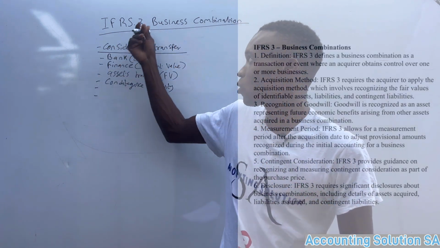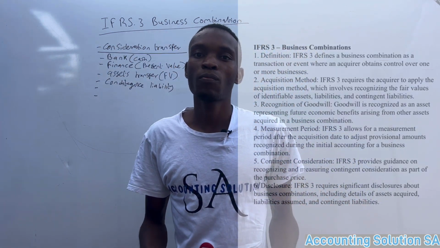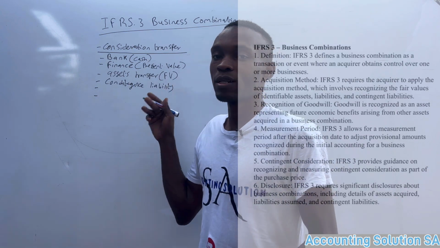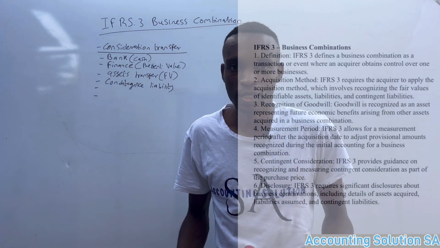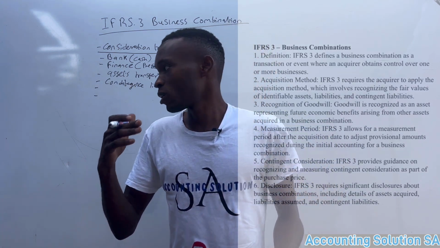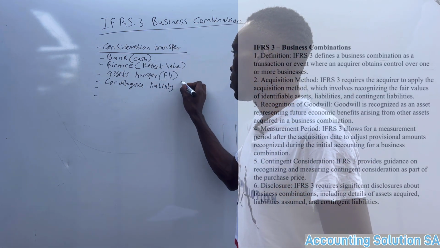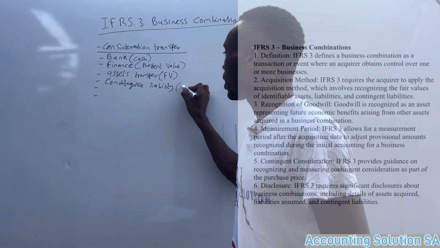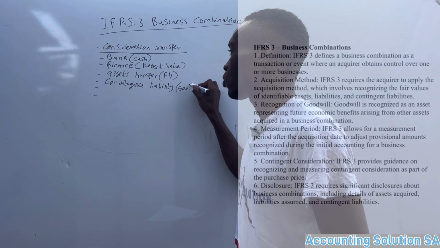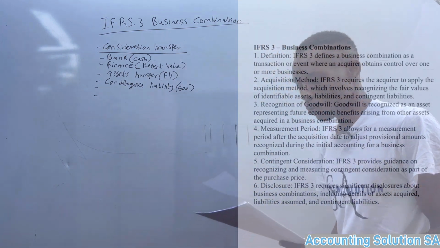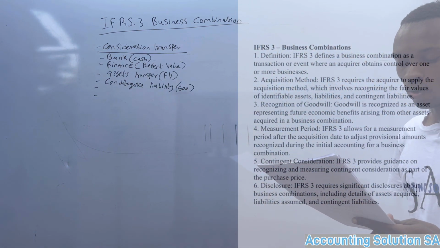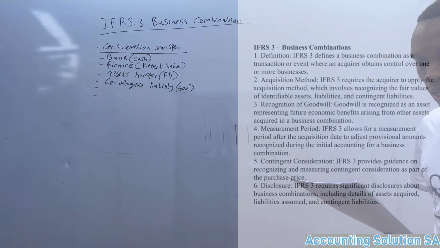In order for you to obtain control, you can go and pay that liability that the owner of that company, or the owner of the share that you are purchasing, was owing. For example, let's say this person was owing another company 500. You can just go and pay that 500 so that you can obtain what? Control. Okay, now let's proceed.